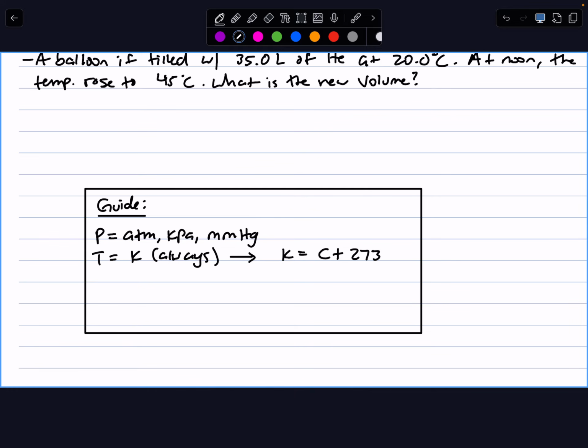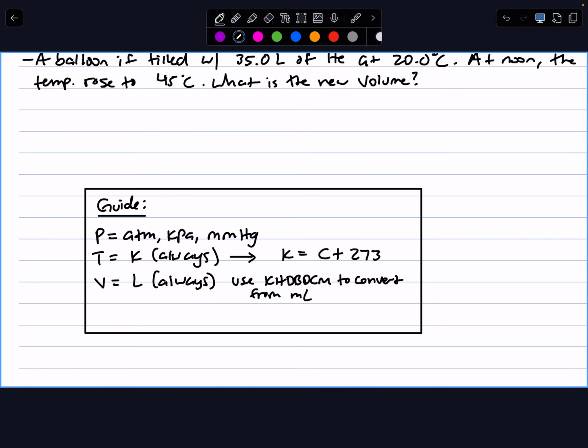Volume will always be in liters. But if I give you milliliters, how do you convert? King Henry died by drinking chocolate milk. You divide the milliliters by 1,000 to get liters.